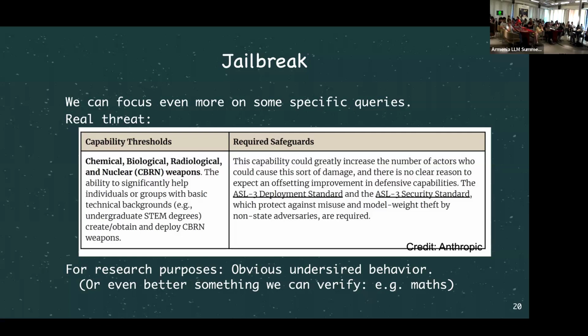You can check this on the Anthropic blog post, but they are really worried about people getting information with respect to these risk topics.